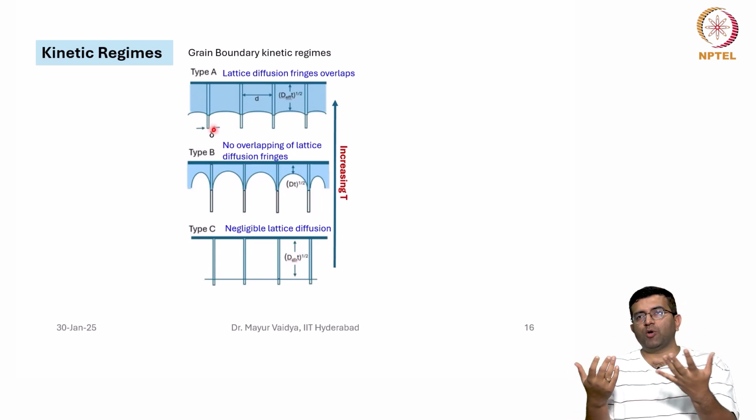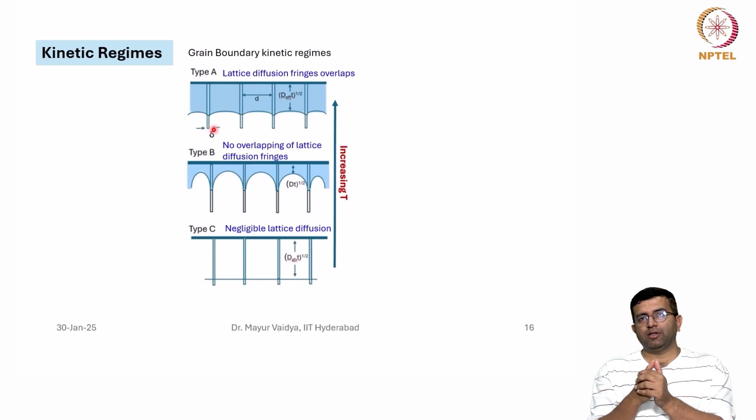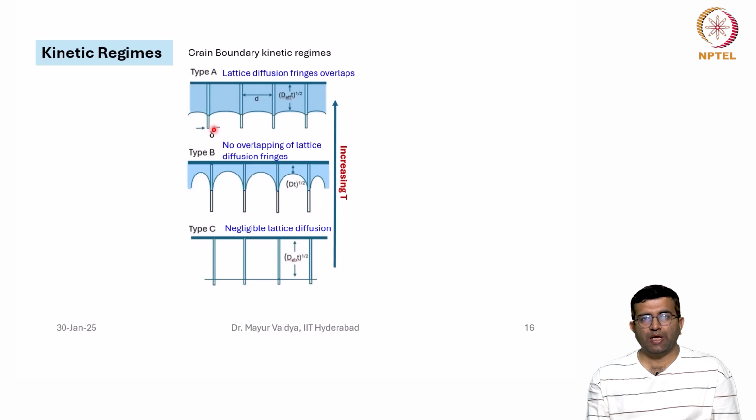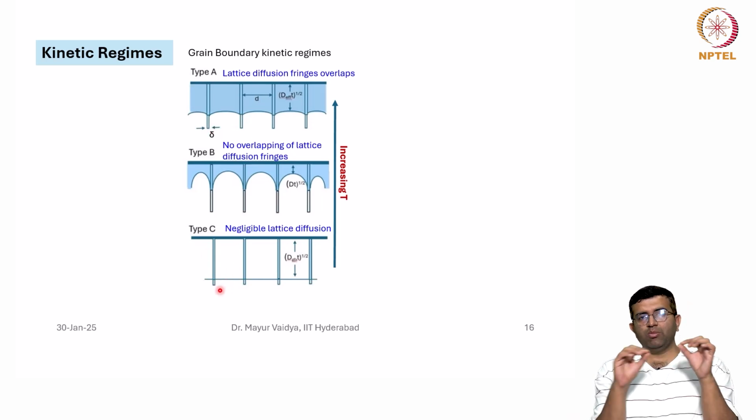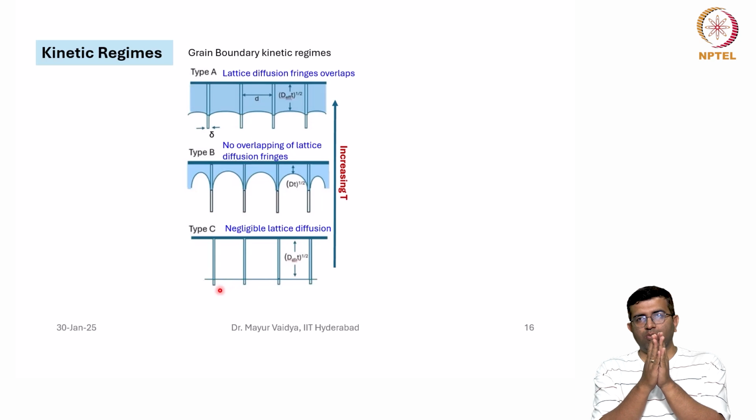The way the grain boundary contributes to diffusion changes as you change the temperature. We saw that in the type C regime, where the bulk diffusion is extremely low, the diffusion takes place entirely through the grain boundaries.